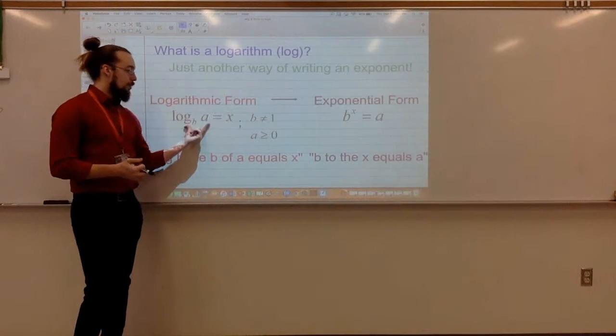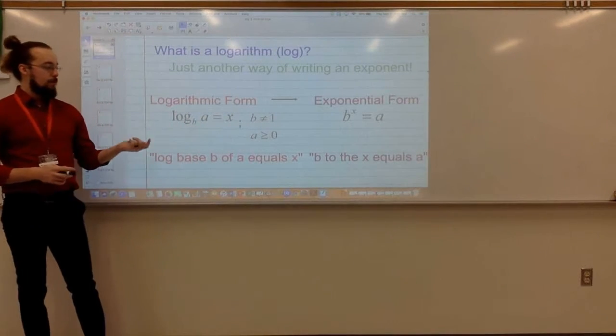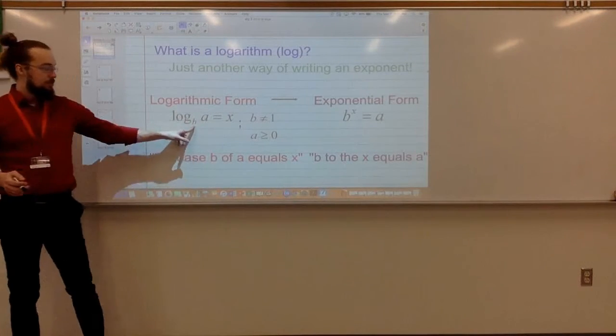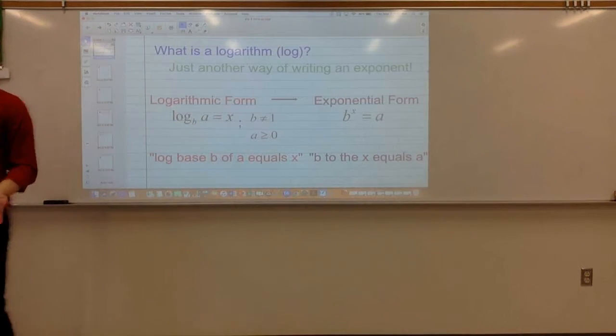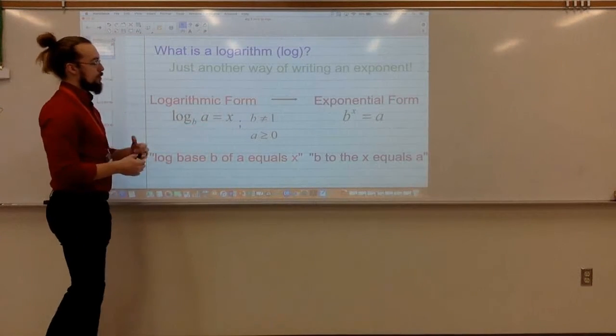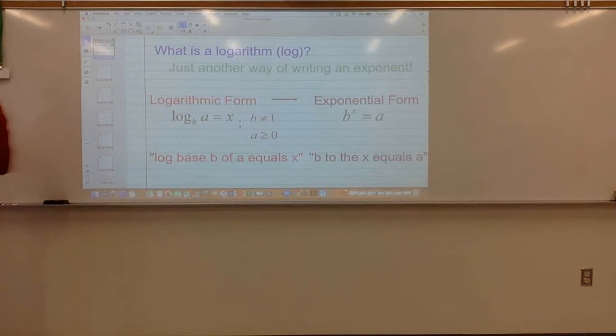When we are talking about a logarithm, there are two things that we can't have. The base of the logarithm cannot be equal to 1, and whatever value we are taking a logarithm of has to be positive. It cannot be a negative value.